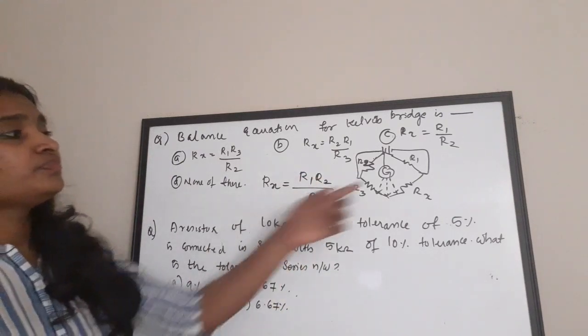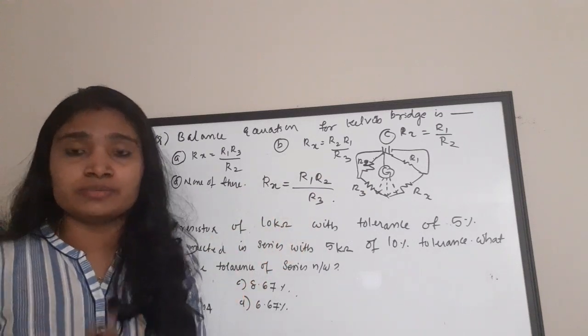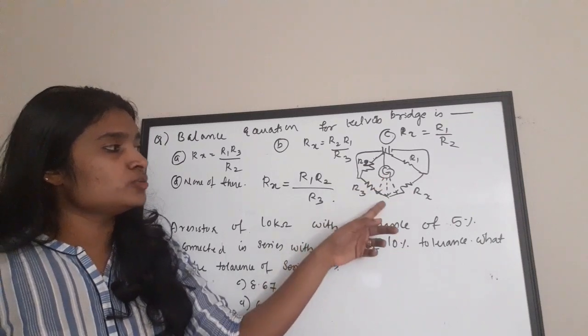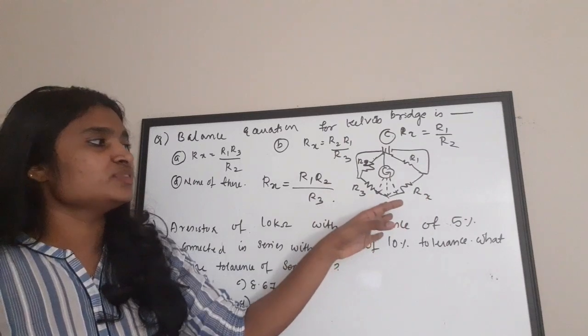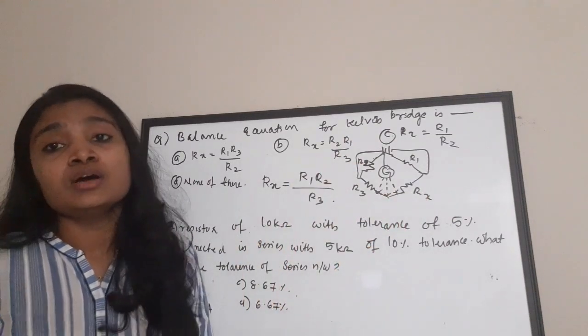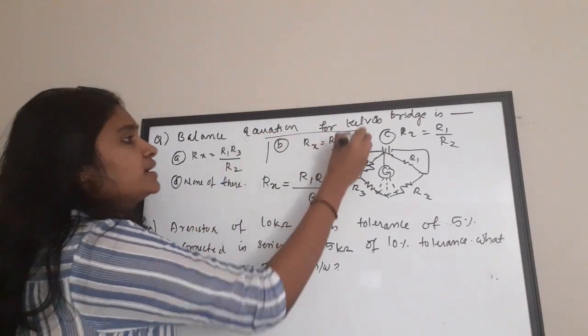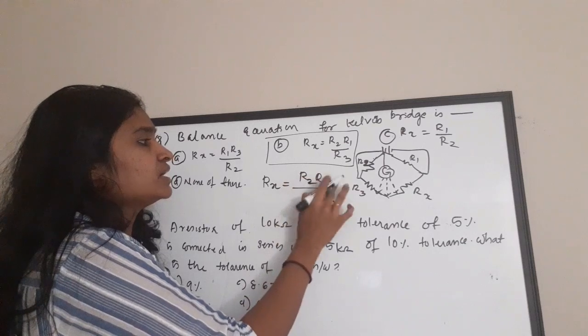This will be the bridge balance equation for a Kelvin bridge. So this is the rough diagram of a Kelvin bridge. The galvanometer arm is a swiping arm, and the rest of the diagram is almost the same as that of the Wheatstone bridge. So the correct answer is option B, where Rx equals R1 R2 by R3.